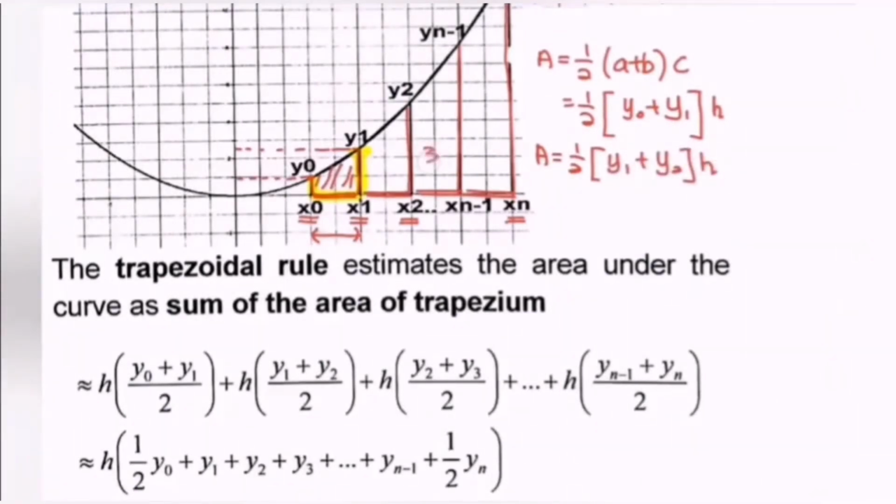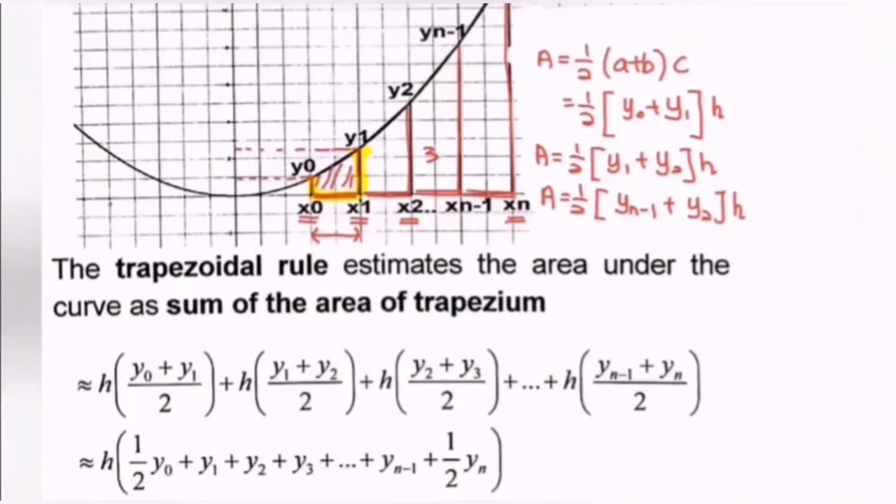For the third part, again, repeat the situation, 1/2 bracket, multiply with y n minus 1 plus y2 multiply with the h, and keep on doing the part.